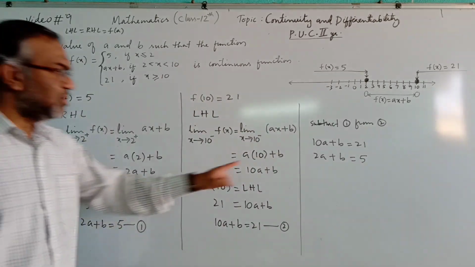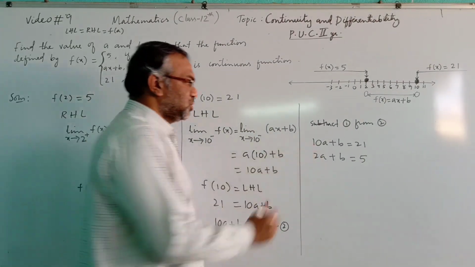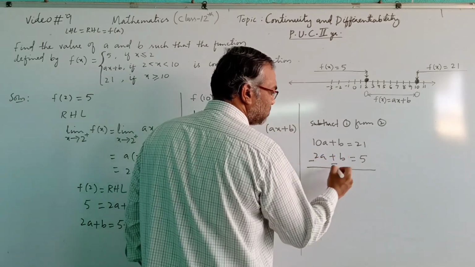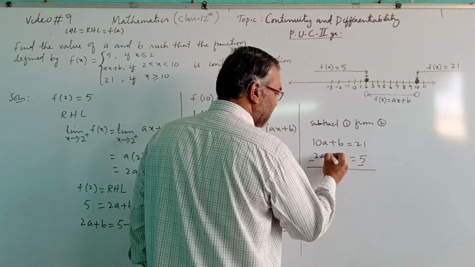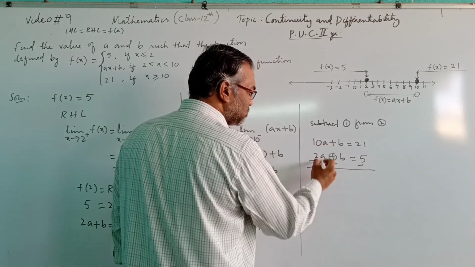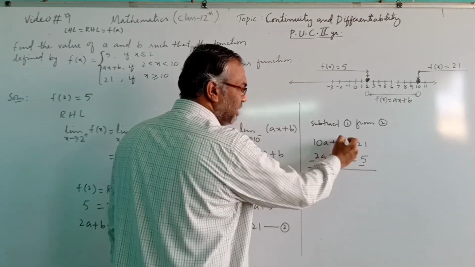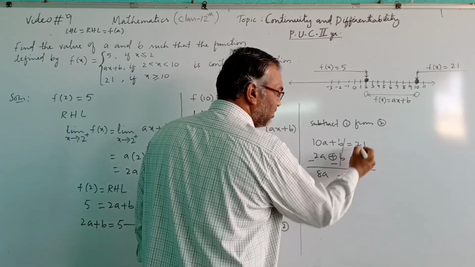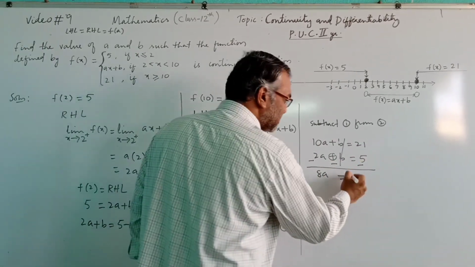Since we are subtracting, we have to change the signs. So 10a minus 2a will be 8a, b minus b will get cancelled, and that will be equal to 21 minus 5, which is 16.